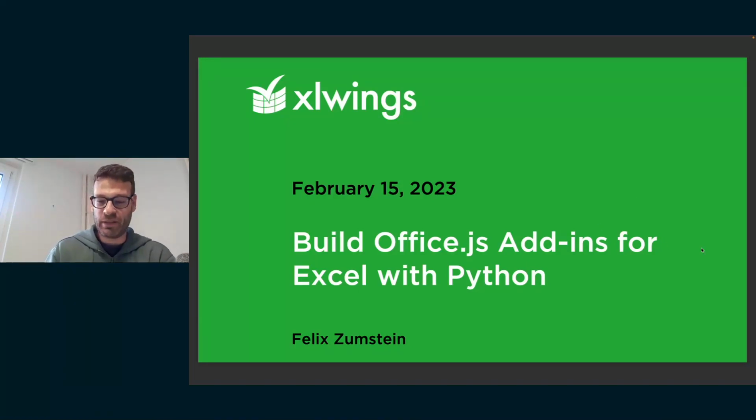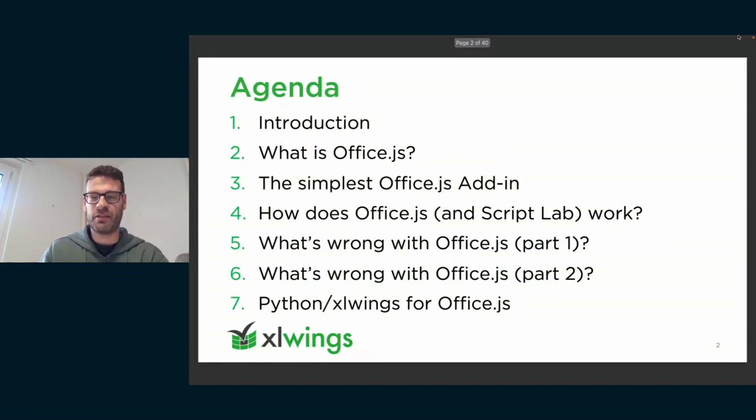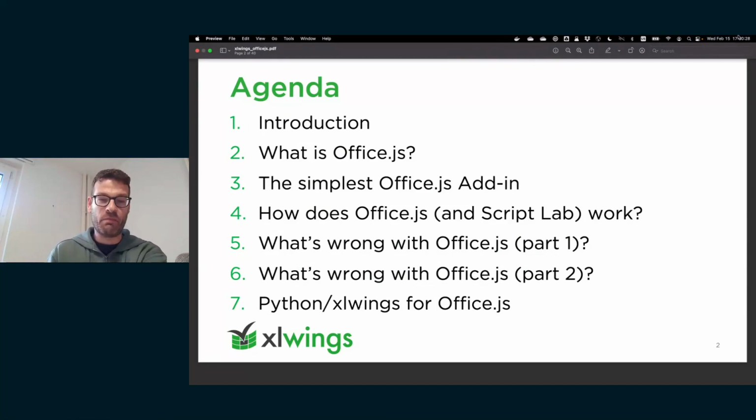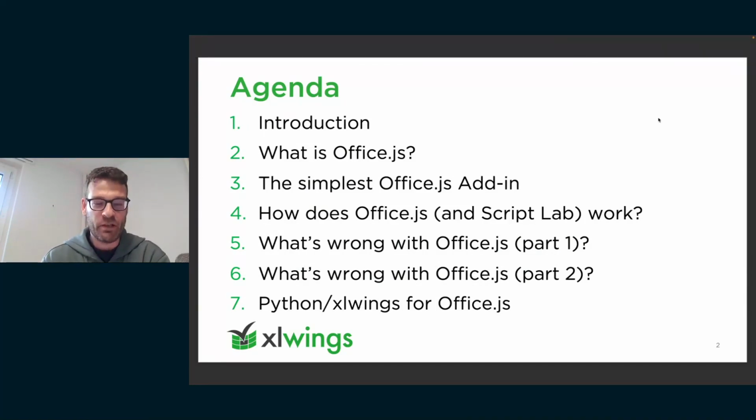So today we're gonna talk about Office.js, and if I can find my slides here, I can show you the agenda from today. So after a brief introduction, I'm actually going to introduce you to the concept of Office.js add-ins first, so a little bit talk about what they are, how they work, and how you typically interact with them.